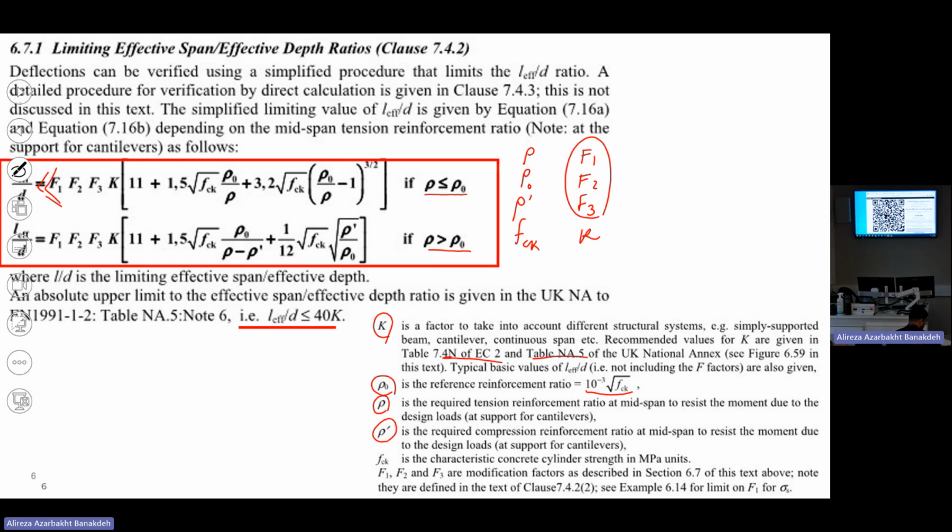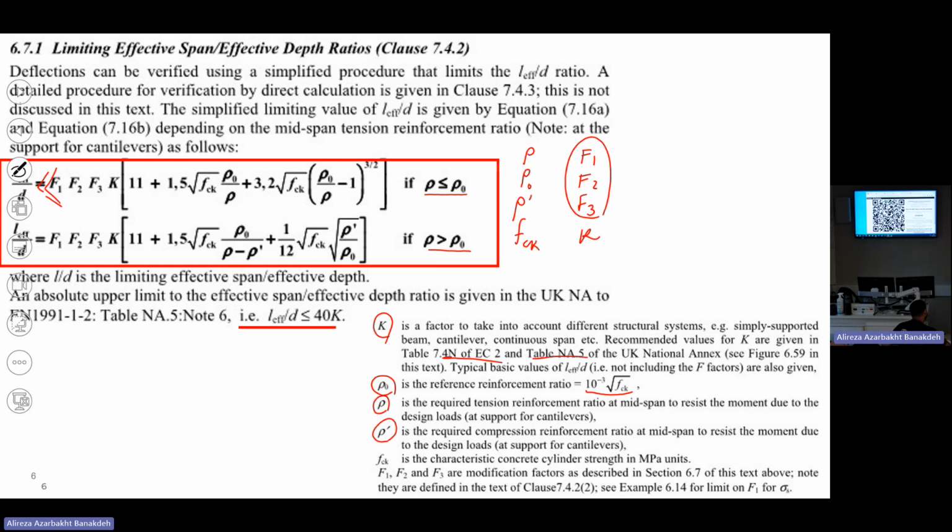Because if I put a 900 something, I'm unconservative. When I put more reinforcement, the deflection will be less. I want to use the lesser number here to have more deflection, to be conservative. Okay? Everyone good with this?